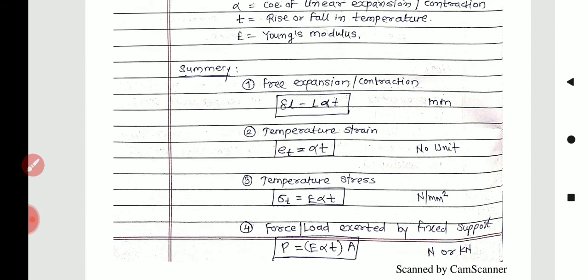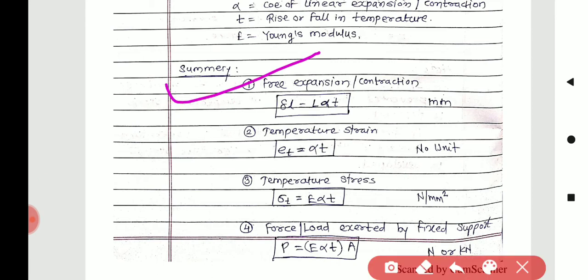Okay, now for important terms: when we need to solve problems, we need to remember these things. Free expansion or contraction, or we can say free deformation, delta L is equal to L alpha T, and the unit is mm. Temperature strain is denoted by Et and is determined by alpha T, where alpha is the coefficient of linear expansion or contraction and T is the rise or fall in temperature. Strain has no unit.